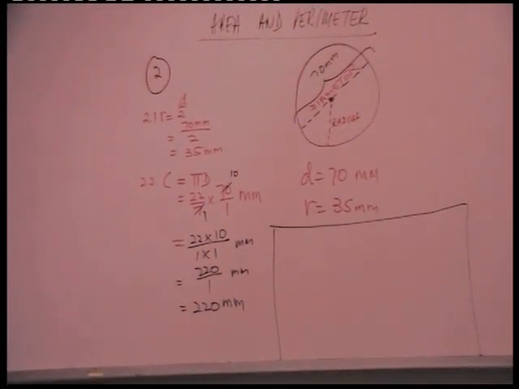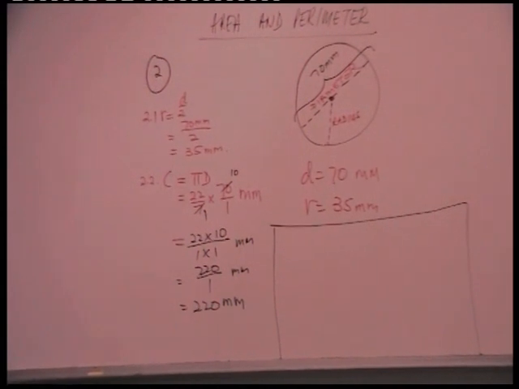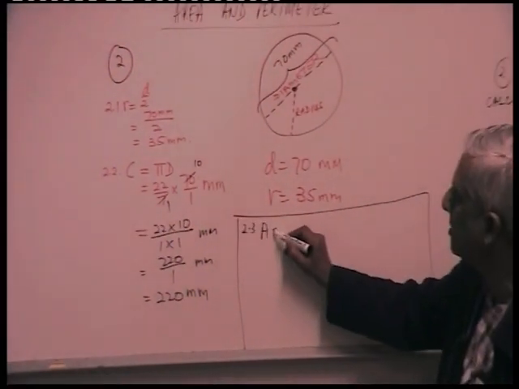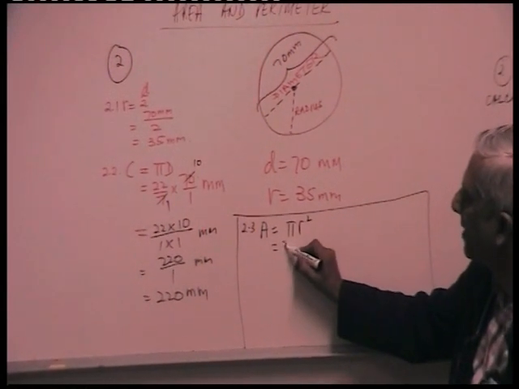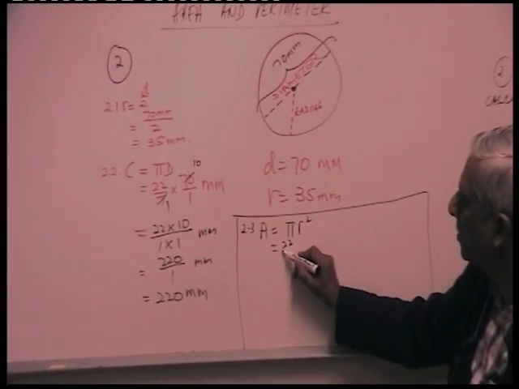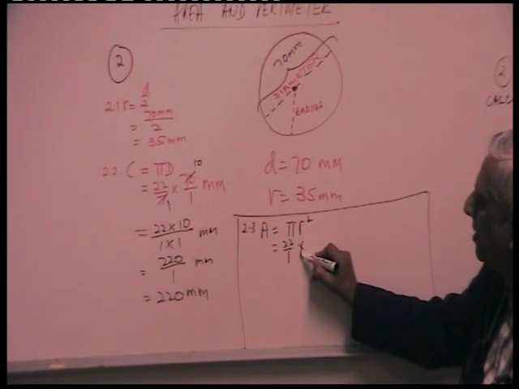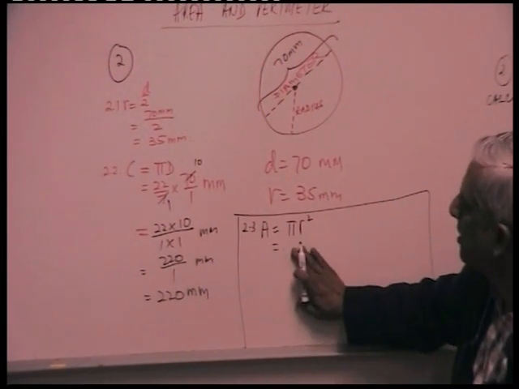Now, let's do the area. 2.3. And area is equal to pi r squared. That's 22 over 7. Oh no, sorry, let's do it step by step, it's better.